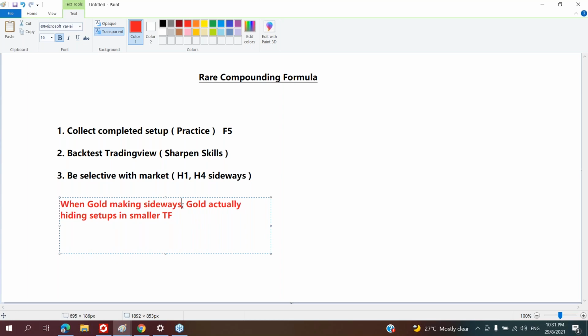When gold is making sideways in H1, H4, gold actually has setups in smaller time frames such as M5, maybe M1.